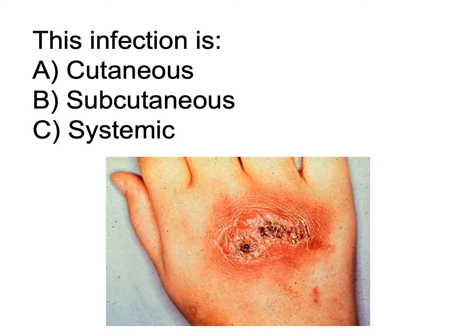You can see the red area is growing around the initial source of that infection. And once it reaches the bloodstream, it can become systemic. So this would be C, systemic. If anything looks bloody or scabby, you have to suspect a systemic infection.